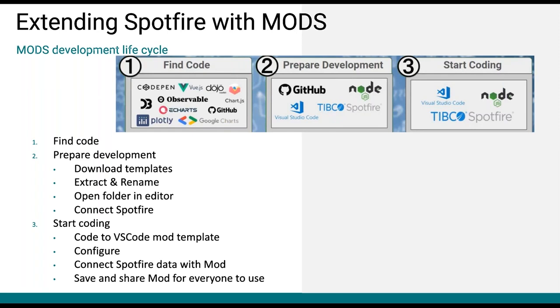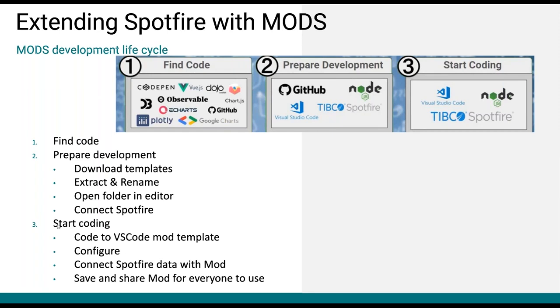The good thing about mods is that TIBCO has thought about that so that you can quickly see how it interacts. There's a real communication between the desktop, the analyst, and your Visual Studio Code. So that's really good to see.